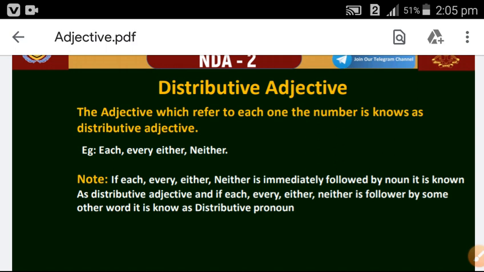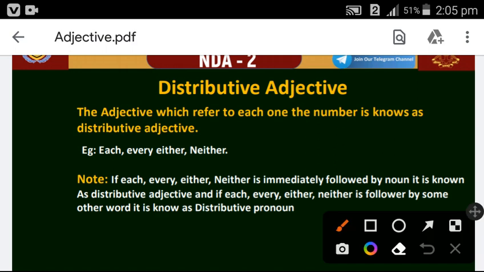So let us consider it. The adjective which refers to each one of the number is known as distributive adjective. As I discussed a few seconds ago, each, every, either, neither are all considered as distributive adjectives.